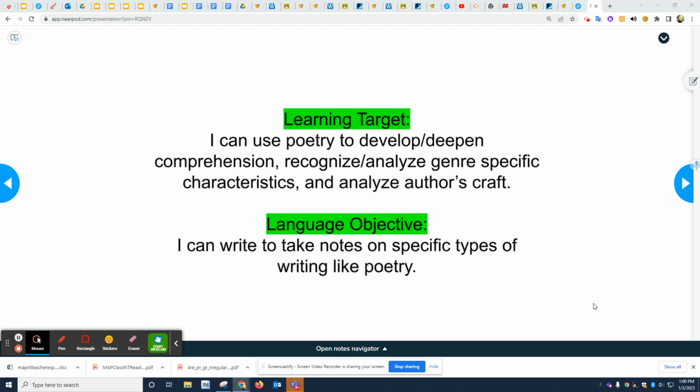Our language objective is I can write to take notes on specific types of writing like poetry. So we're going to be doing some note taking on the Nearpod and just analyzing the characteristics of poetry and why authors use that when they're writing poetry. Are you ready to get started? Let's go ahead.